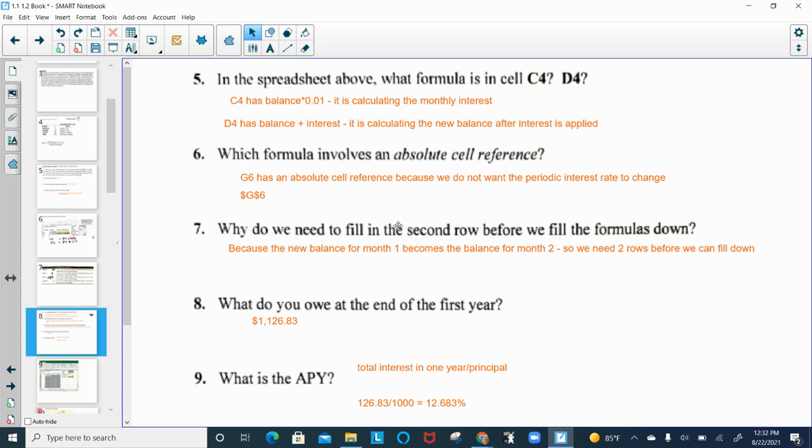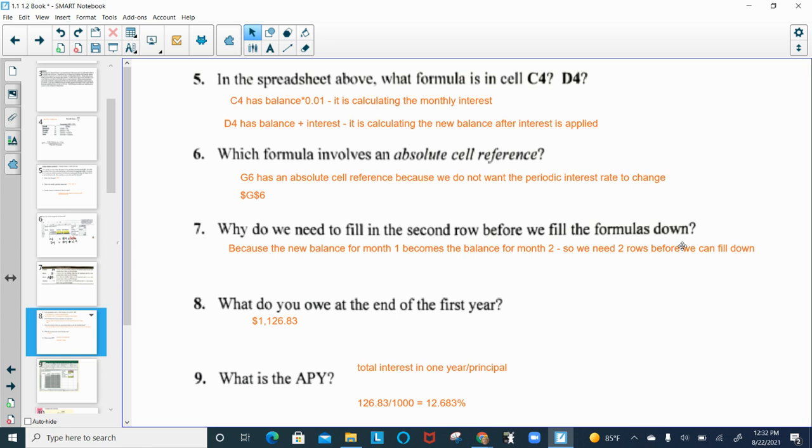All right, now why do we need to fill in the second row and the first row before we fill the formulas down? Well, remember, that first row gives you a balance that then becomes the new balance in the second row.